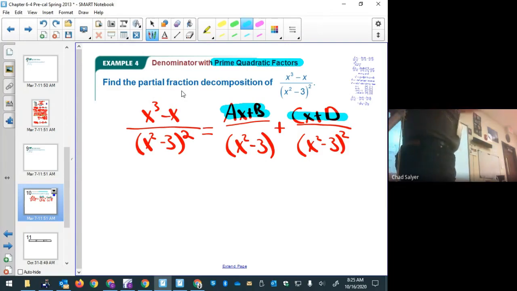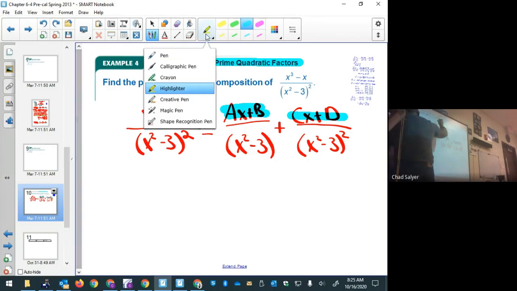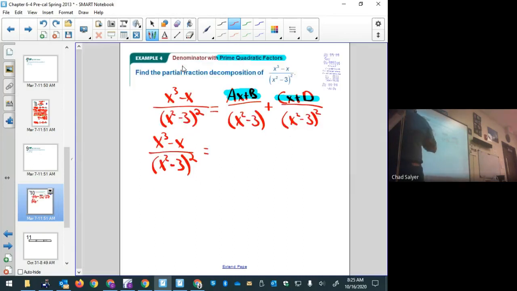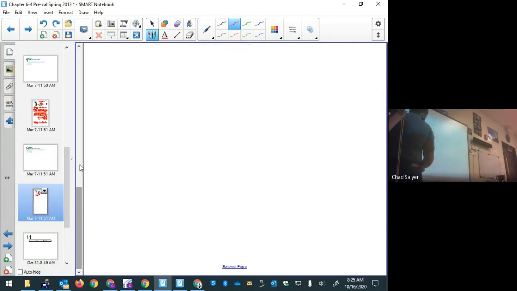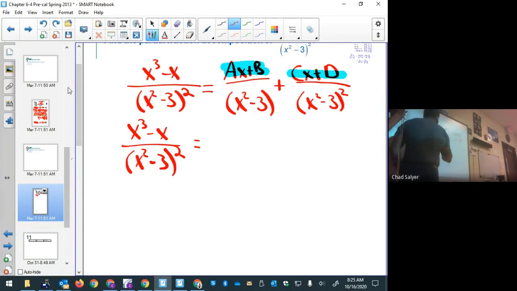Two terms in each numerator: Ax plus B, Cx plus D, for each of the prime quadratic factor denominators. Okay, so x cubed minus x over (x squared minus 3) quantity squared. So we're now going to get a common denominator.